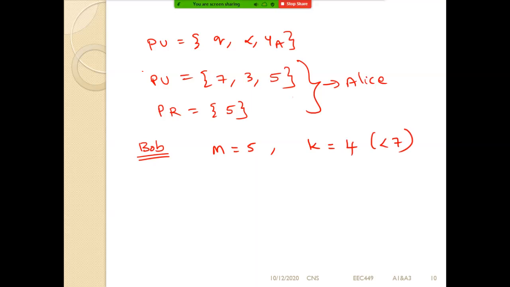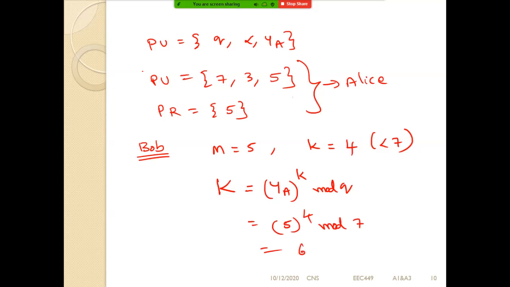Once we know m and small k, now I am generating capital K, which is equal to YA power small k mod q. YA is 5, small k means 4, q is 7. So 5 power 4 mod 7. What is 5 power 4? 625.